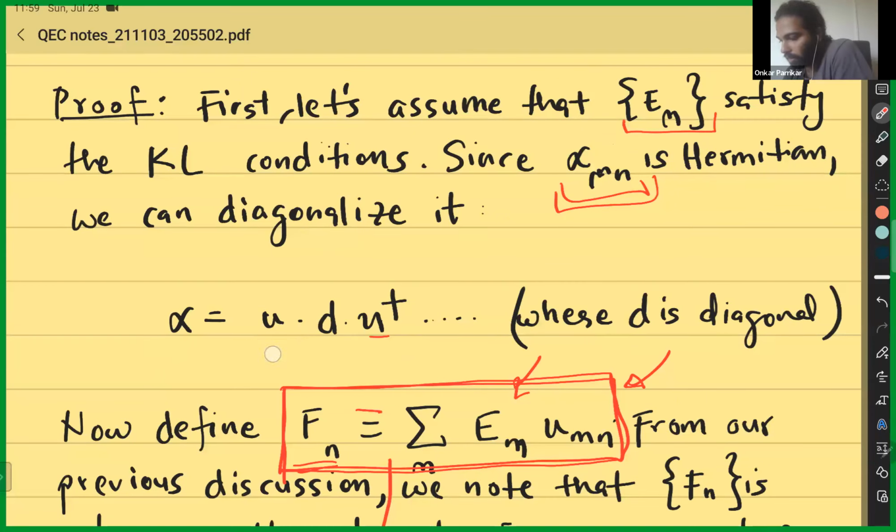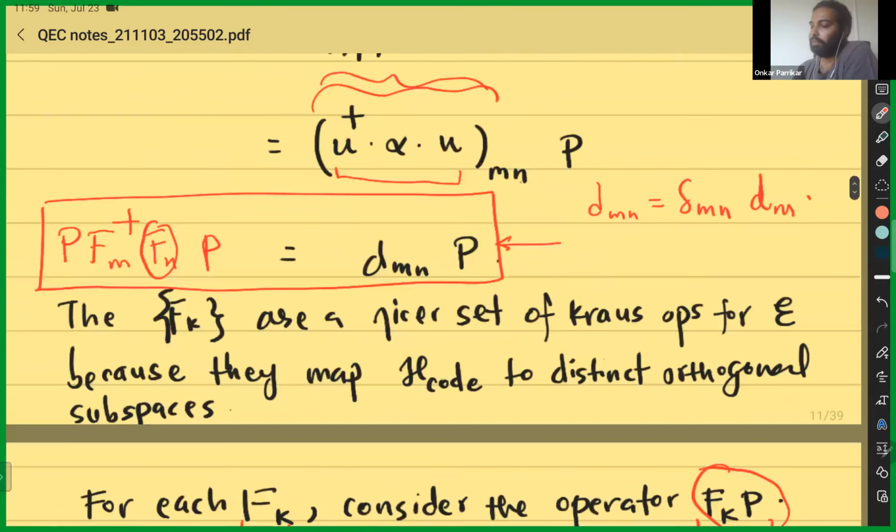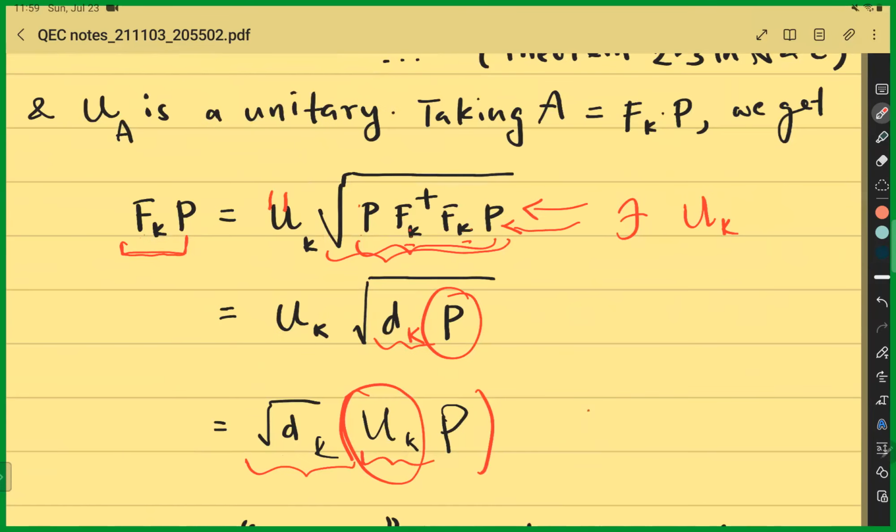Is it this one, where we took this alpha matrix and we diagonalized it? Is that what you mean? Or the one in the proof, when you did the polar decomposition? So that is a different u. This is not small u, I meant to write this as big U. So what was your question, please?